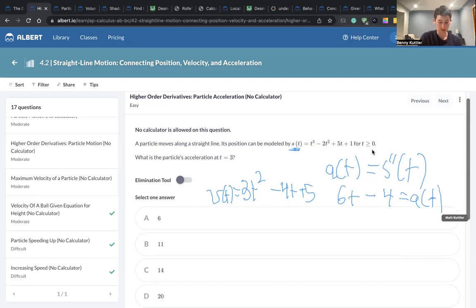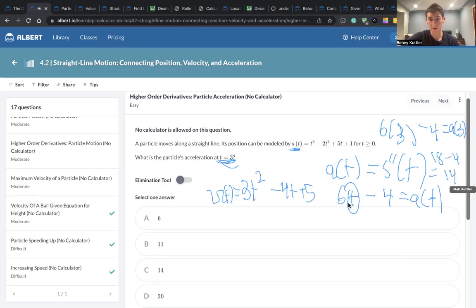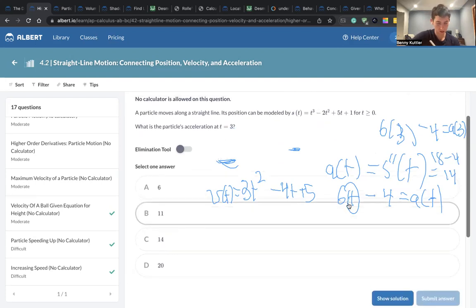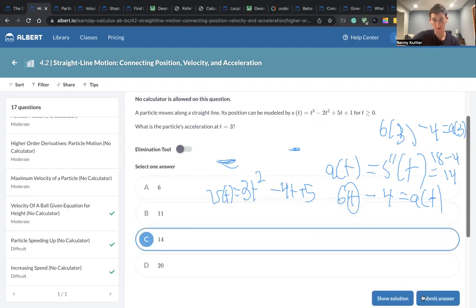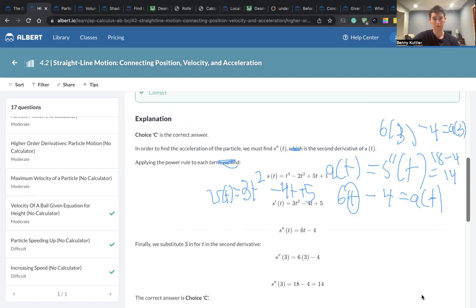To find the particle's acceleration at t equals 3, we just plug in 3 for t. So we have 6 times 3 minus 4 is equal to a of 3. That equals 18 minus 4, which equals 14. And that's one of our answer choices, so if we click on it, it's correct.